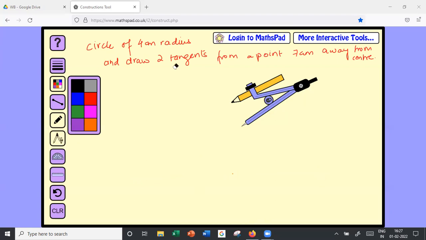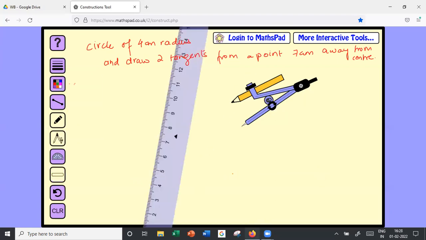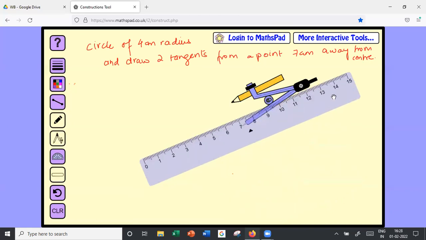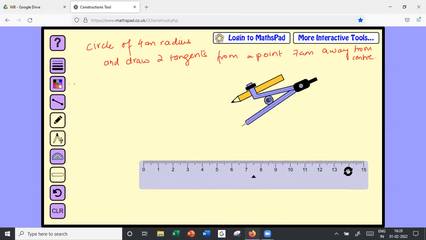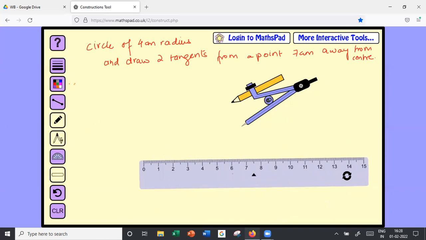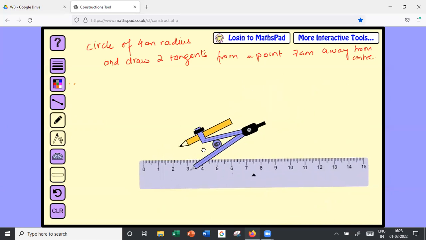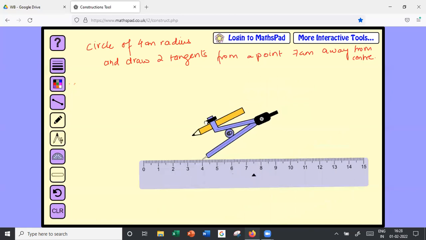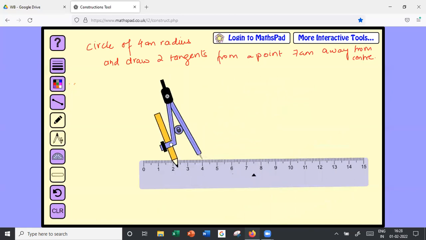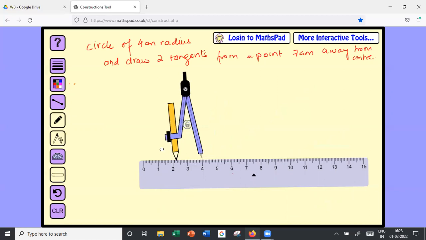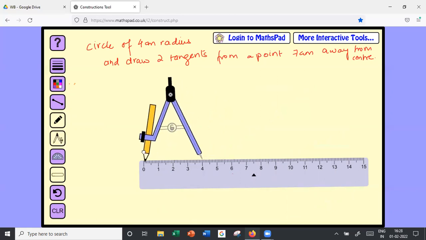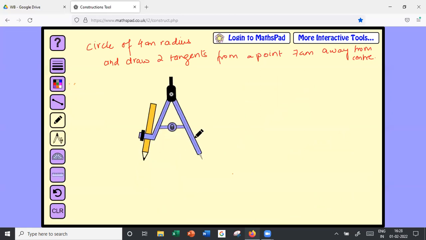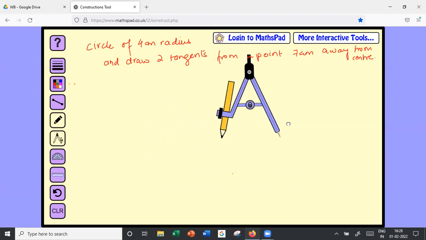Okay, so I'm going to take radius 4 centimeter, and I will draw a circle, drawing it a little on this side.